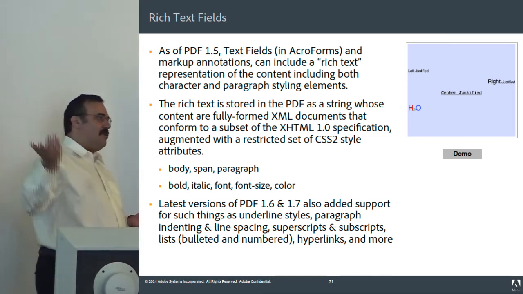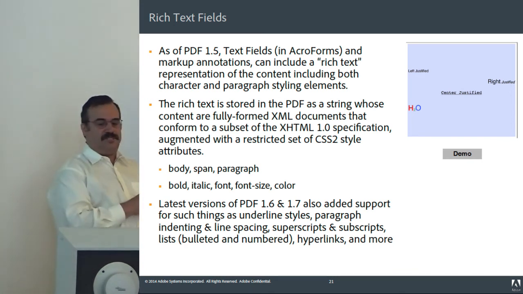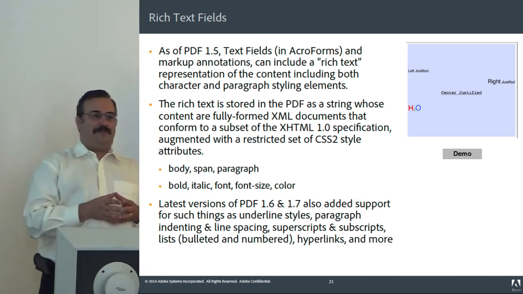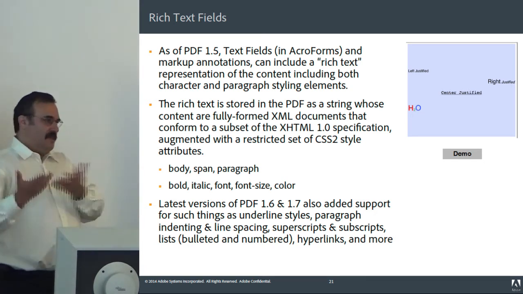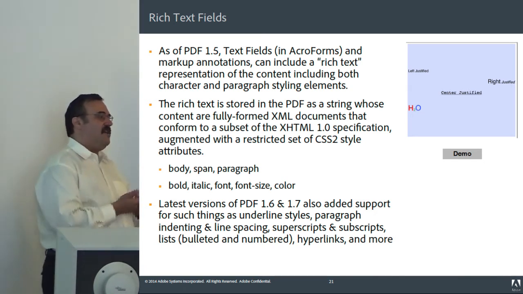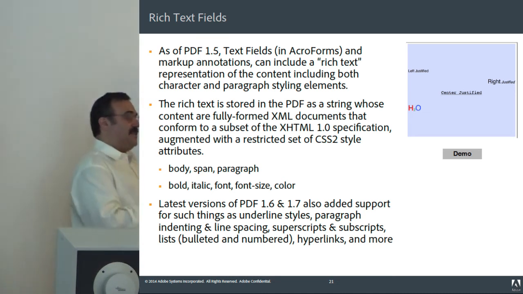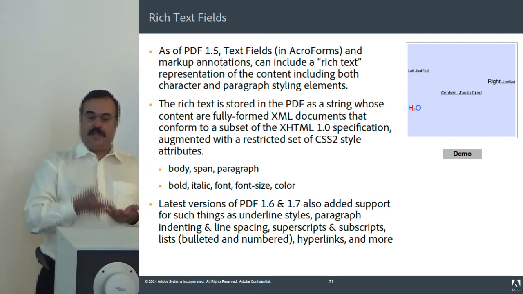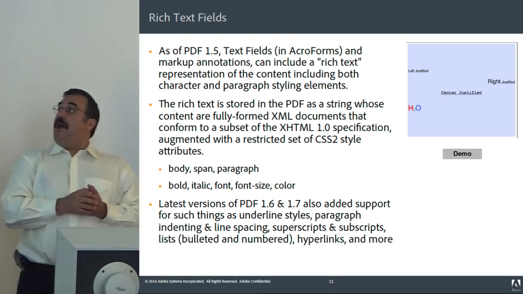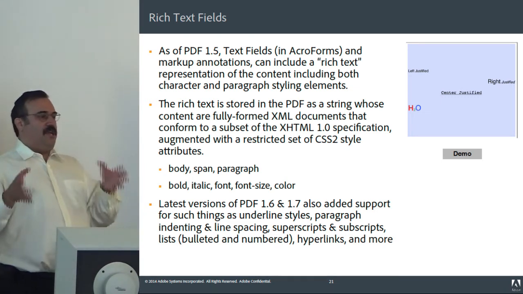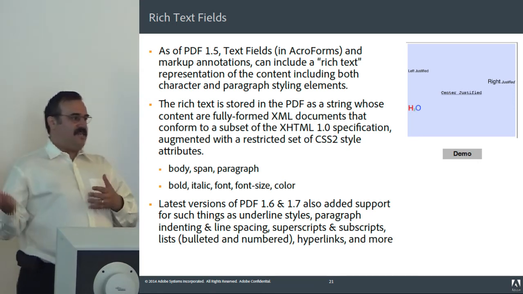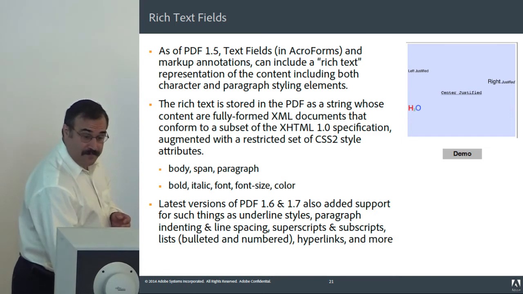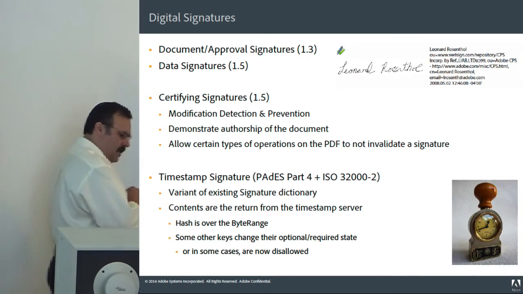They can also have per-character things: superscripts, subscripts, colors, underlines, all the sorts of things you'd expect. In the PDF, what you see is a subset of XHTML, which is the XML serialization of HTML. So very nice feature. When you need a rich text field on a form, it's there.